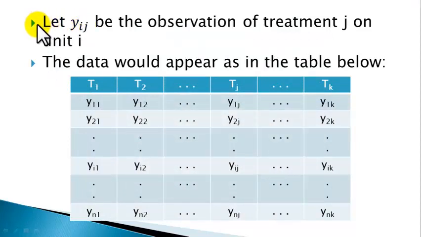In this table, T1 represents treatment 1, this is treatment 2, treatment j, and then this is treatment K. These are the observations under treatment 1: Y11, Y21 to YN1. The observations under treatment 2 are Y12, Y22 to YN2. The observations under treatment K are Y1K, Y2K to YNK.